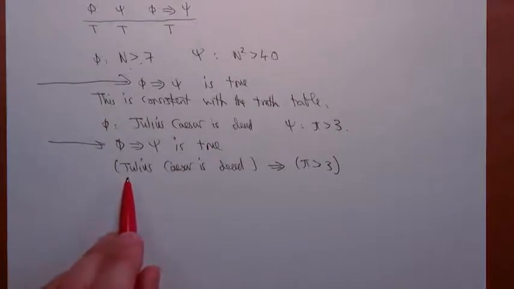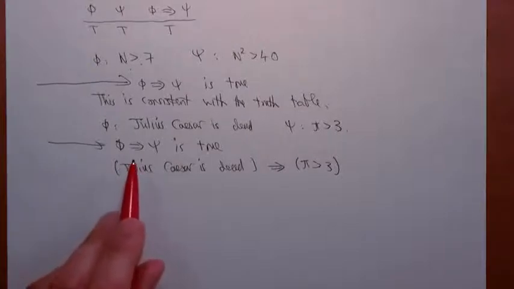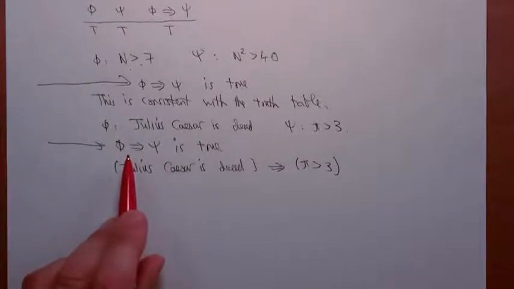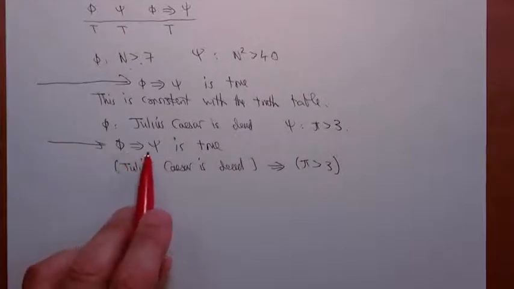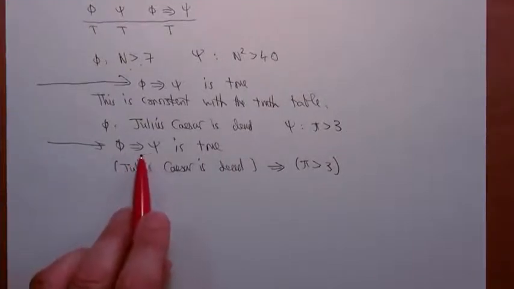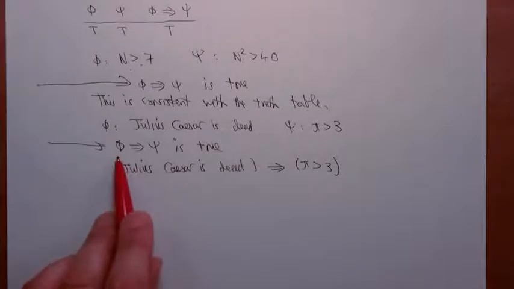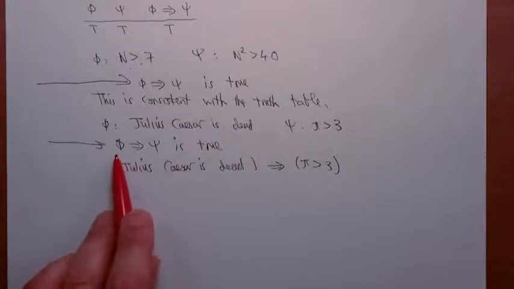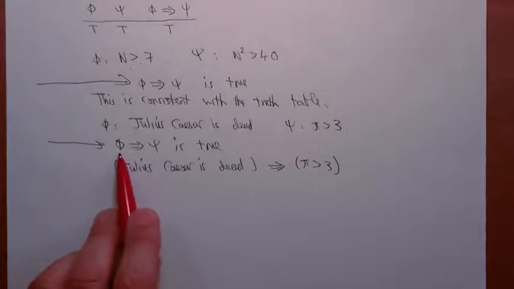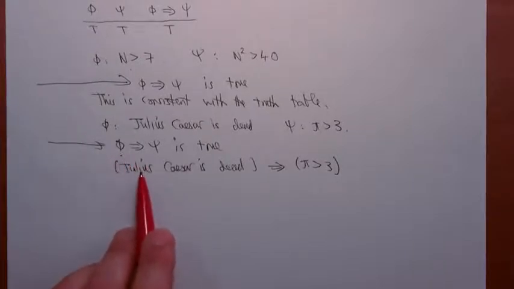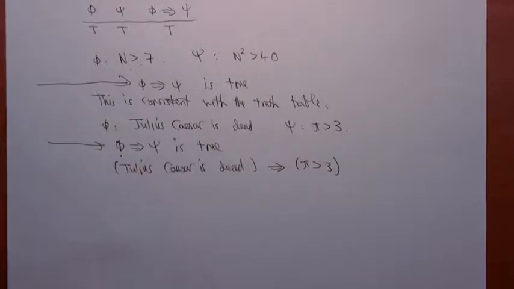Computer systems, by and large, don't depend upon understanding causation, which is just as well because they don't. What computer systems depend upon is that things are always accurately and precisely defined. And this expression, phi conditional psi, occurs all over the place in software systems. So quite literally, your life depends upon the fact that this is always well defined. It doesn't depend upon the fact that the computer doesn't know whether Julius Caesar is dead or not.